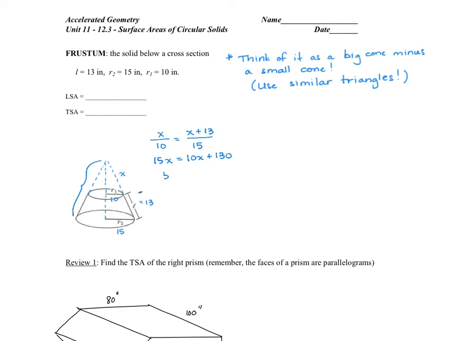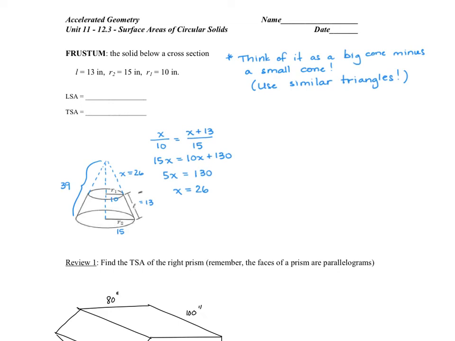Subtracting 10x from both sides, you're left with 5x equals 130. And dividing both sides by 5 gives x equal to 26. So the slant height of the smaller cone is 26, and the slant height of the larger cone is 39.